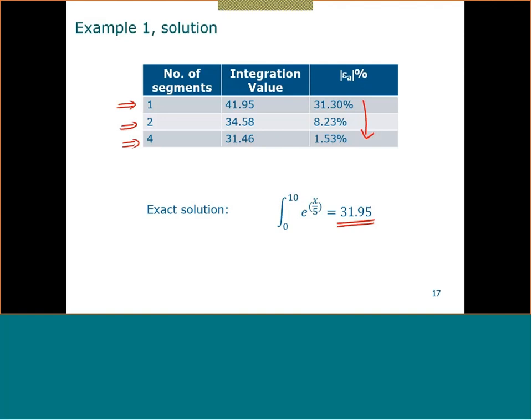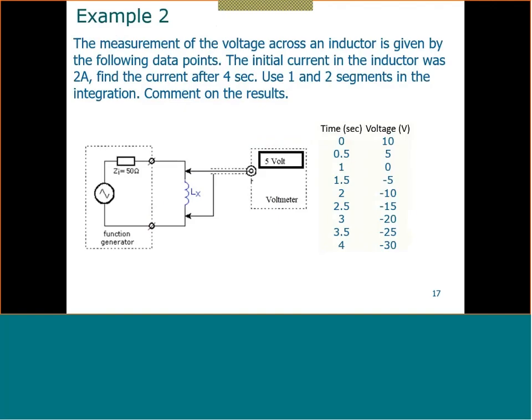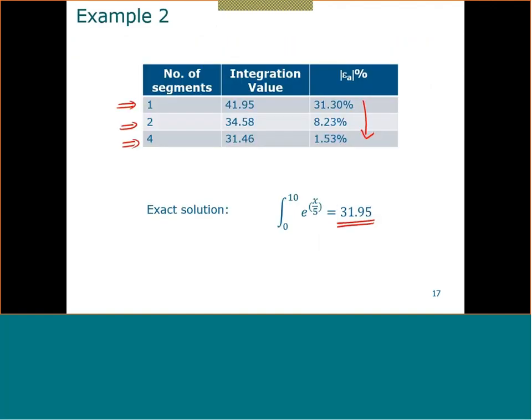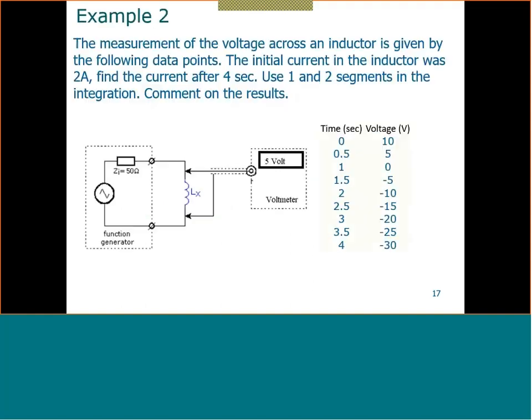Okay. Let's move to the second example. In the first example we had a continuous function and we did the integration of it. Now, in this example, we will do the integration for discrete values. These are the two possibilities: either I give you a continuous function or discrete values like this.